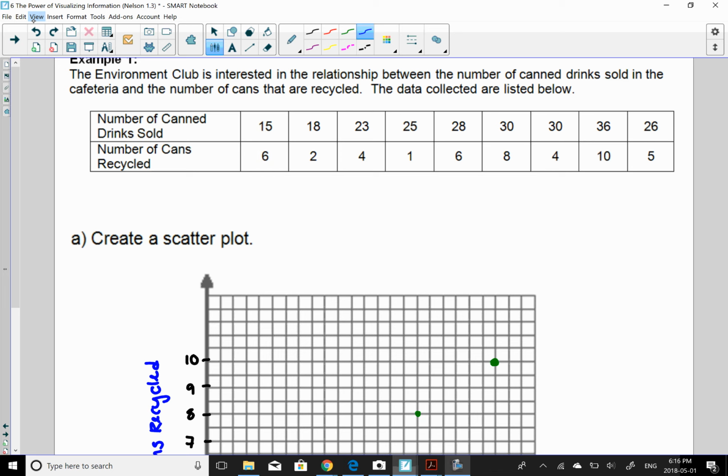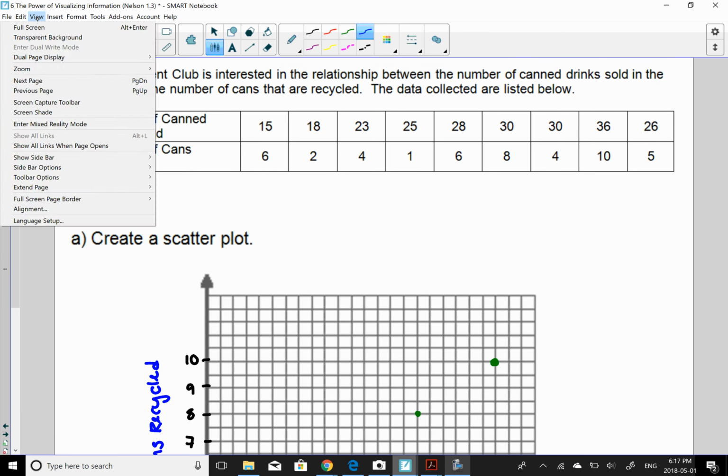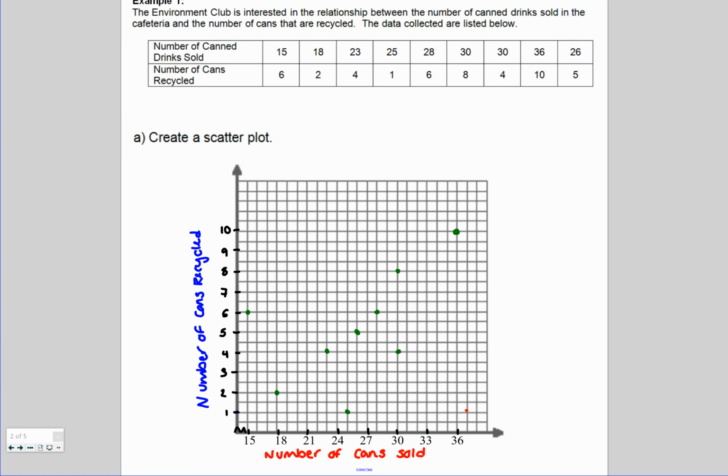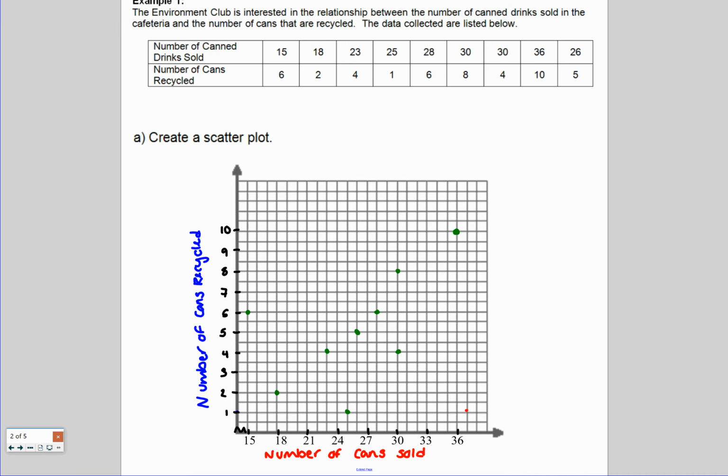So here we have, okay, full screen. Okay. So we have an example that says the environment club is interested in the relationship between the number of canned drinks sold in the cafeteria and the number of cans that are recycled.